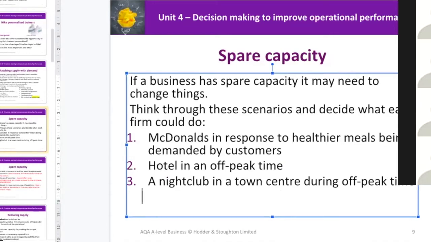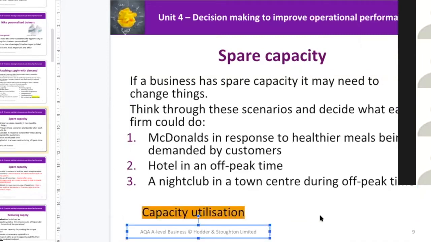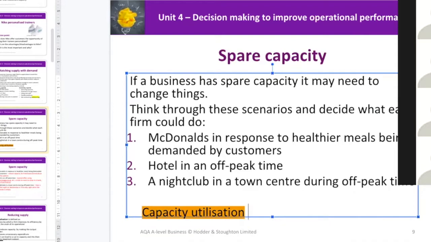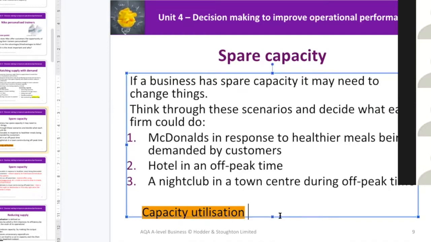What's the name of the concept? Capacity utilization. I just tap up on the slides. We talked about this concept before, if you remember. This one will be in the percentage if you represent it.